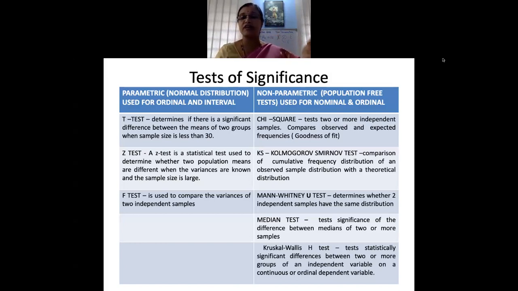Say for example I'm finding out the relationship between A and B, B and C, C and A. What happens is my alpha value keeps increasing, and when it keeps increasing, the values I get under the alpha are not statistically correct, or don't yield results. So we never do multiple tests with the t-test. In a t-test, only a single test is conducted to find out the significant difference of two means. So this is regarding the t-test and the z-test.